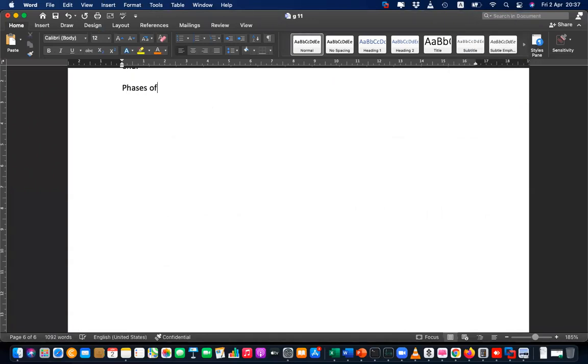Let's try it according to the book. The first one is requirement analysis.